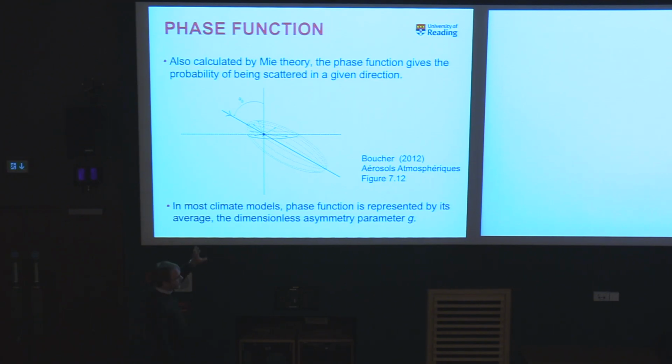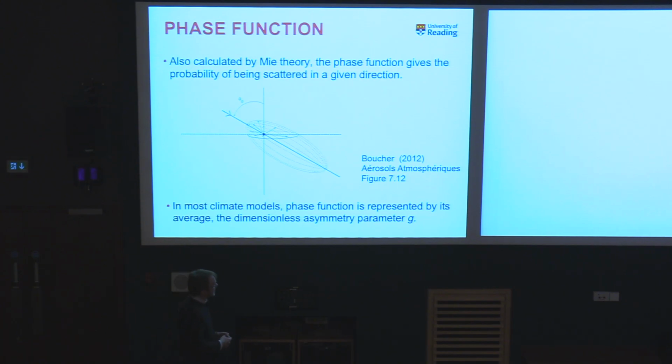So most climate models, and HadGEM is one, do not represent the full phase function in their calculations, although they have the option to do so. But in general, they just simplify the phase function into just one number called the asymmetry parameter. The asymmetry parameter essentially measures the asymmetry between forward and backward scattering, because that's really the key information we want to know.